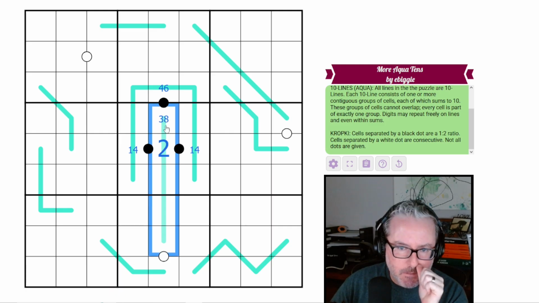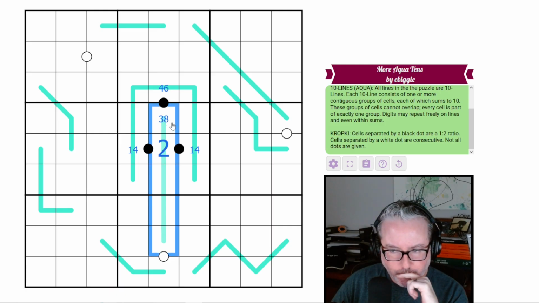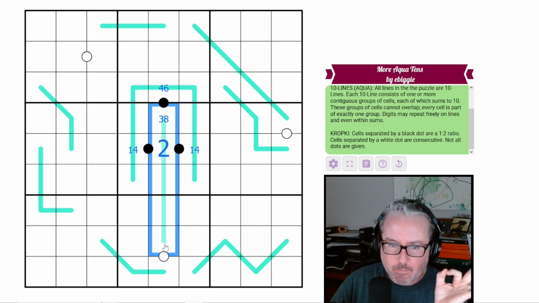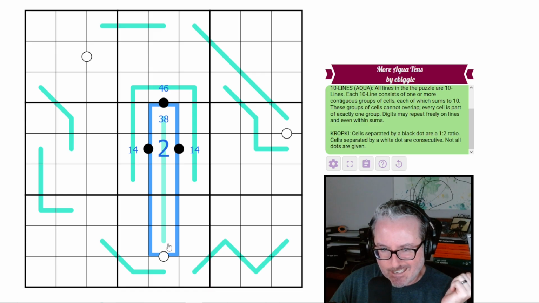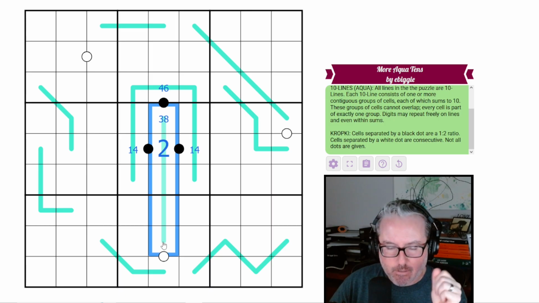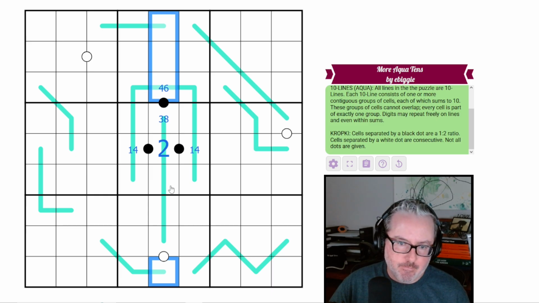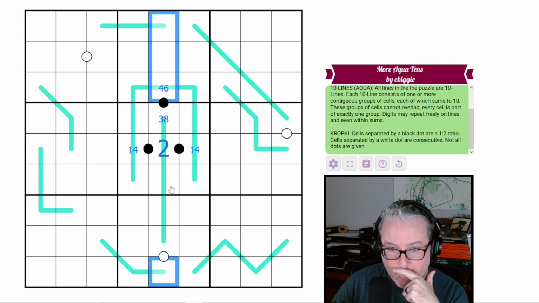Well, let's think about the totality of this line. Because no matter how we slice this thing up, it's going to be 2 sets of 10. So this guy here adds to 20 in some fashion. And then these 4 are going to have to add to 25 in some fashion.